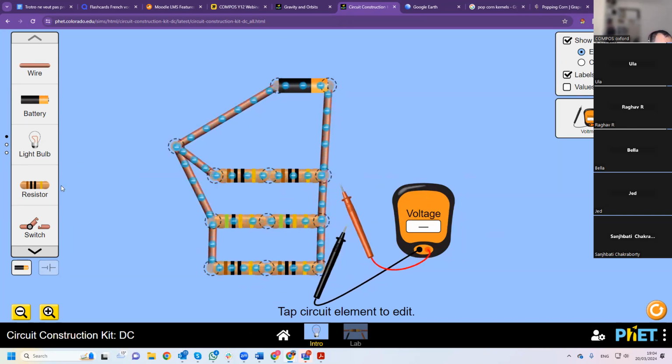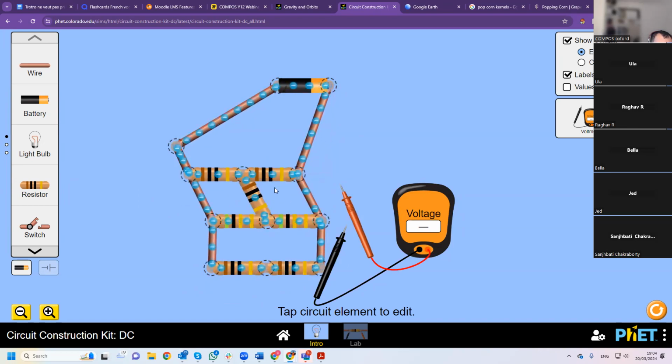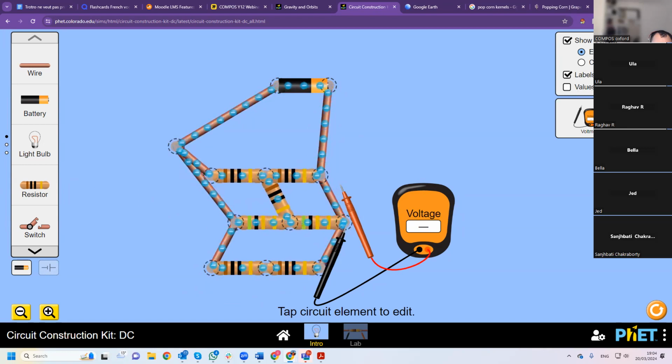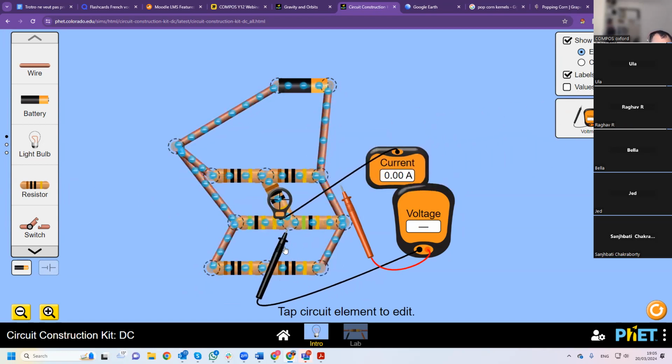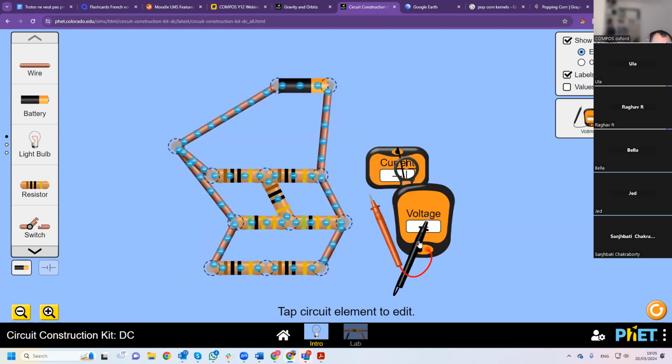So if we place a resistor here, the current in that resistor is going to be 0 because the potential difference across is 0. So this resistor doesn't change anything. It's like a nothing.